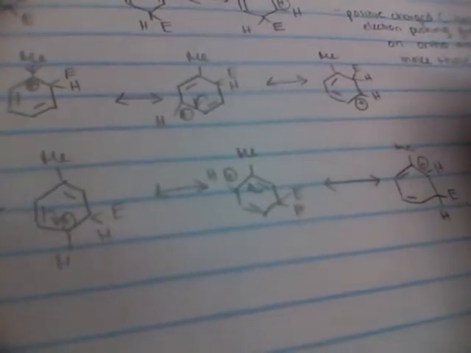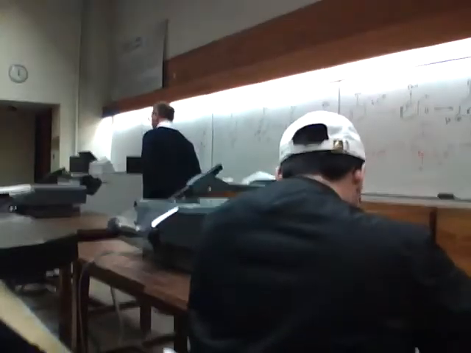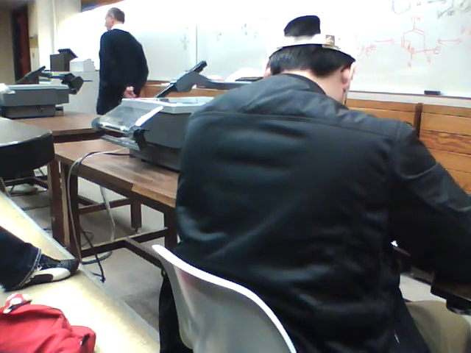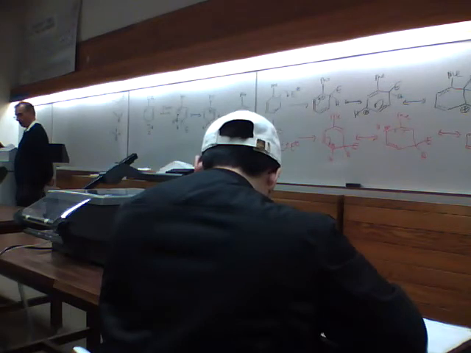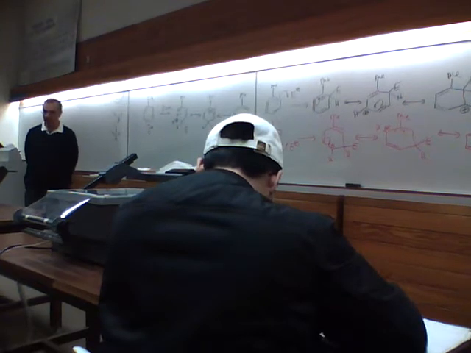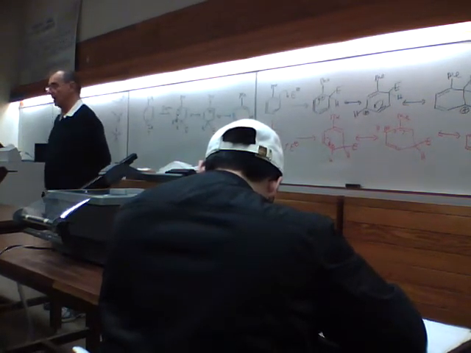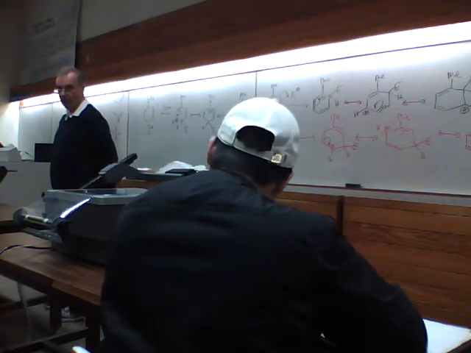But an alkyl group is not the only group that activates the ring by pushing electron density towards it, and that directs ortho-para. The majority of the groups that do that, as you should remember, are groups that have a heteroatom joined to the benzene ring, like an OH, an OMe, NH2, and so forth and so on. So what I want to do now is to explain to you why and how it is that those groups activate the ring and direct ortho-para.